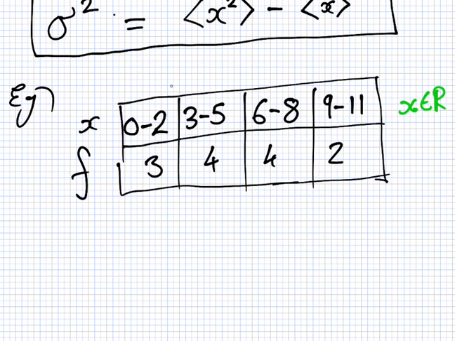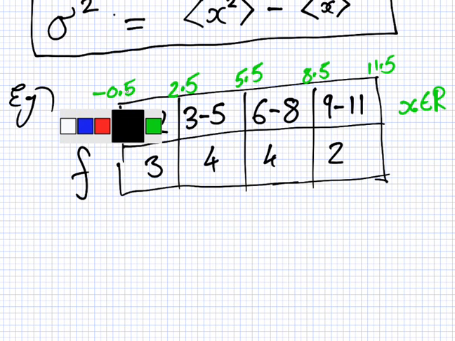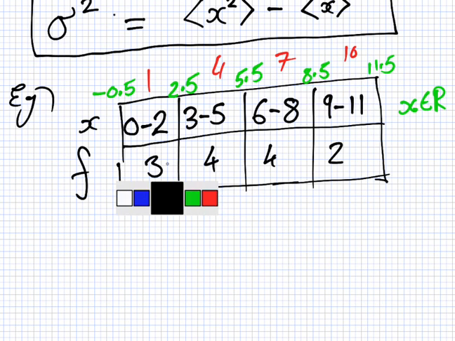So the class boundaries here, this is 2.5, this is 5.5, this is 8.5, this is 11.5, and because I'm allowing negatives here, this one is minus 0.5, because any number bigger than minus 0.5 will round up to 0. For example, minus 0.1 will round up to 0. So the midpoints here now are 1, 4, 7 and 10. Now we're happy, yes?